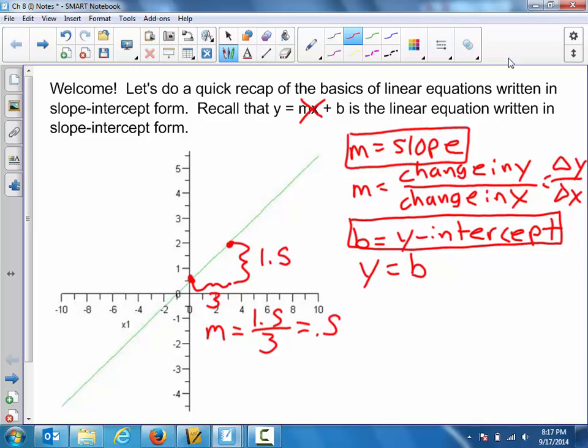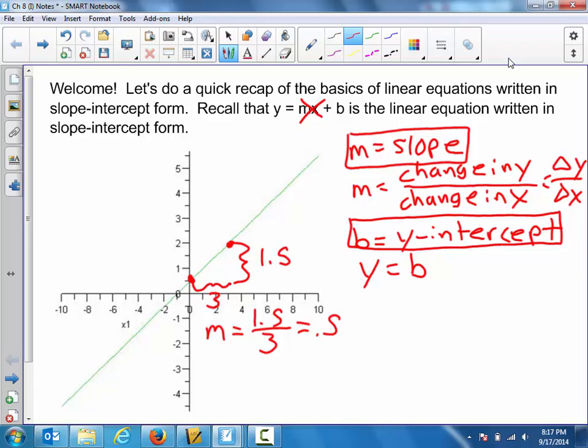That has a lot of meaning in statistics, especially with scatter plots. Our variables are coming from the real world. So if you've got, let's say, on your x-axis you were tracking height, and on your vertical axis, your y-axis, you were tracking weight, then looking at a y-intercept, that would be, okay, what does my line that best fits through the data predict someone's weight would be if they have zero height?